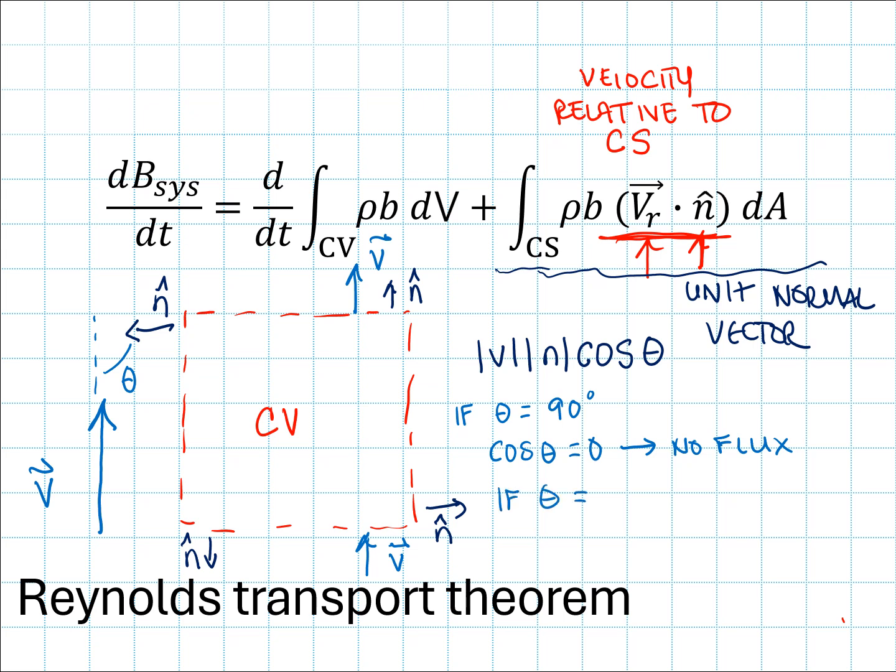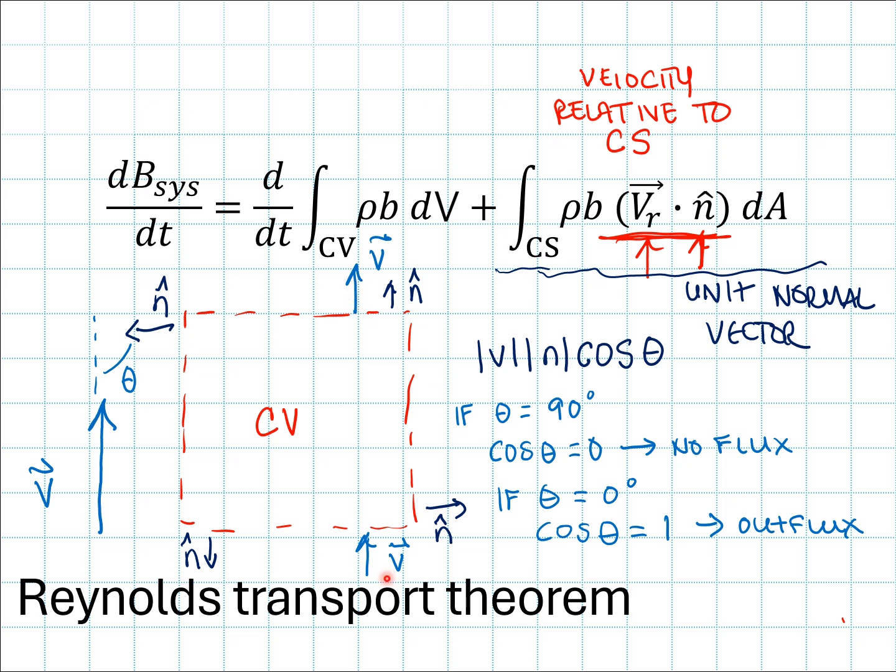And if theta is equal to 0 degrees, then my cosine of theta, now it's equal to 1. And this is going to denote an outflux of mass from the control volume. Right? See, my velocity vector here is going out of the control volume.